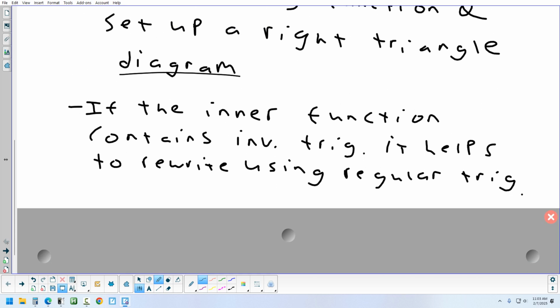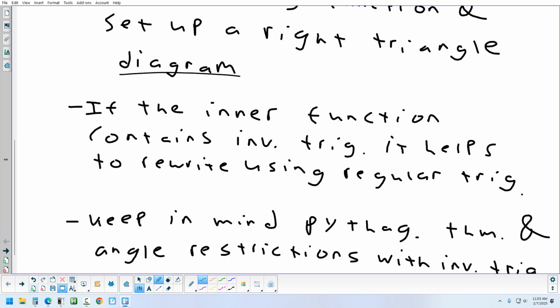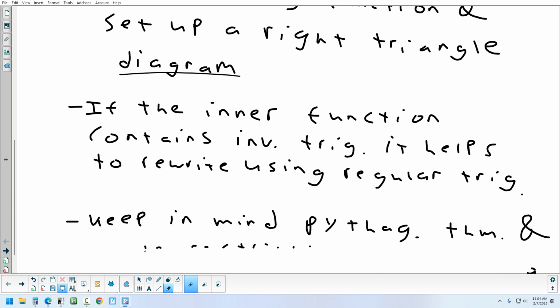And I'll show you how we do that. Okay, so if the inner trig function is an inverse trig, we're going to try to think of it a little bit differently as regular trig. That's what's going to help us to draw the diagram. Okay. So keep in mind the Pythagorean theorem. That is definitely something we'll use as we go through the problem.